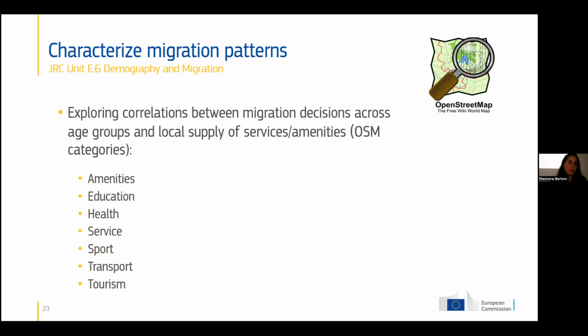This was a project that was assigned to us, and we are also there to help and support research that is already ongoing within the JRC, which is divided in different thematic units. So in this case, there's a specific unit working on demography and migration topics, and they were trying to find ways to also look for alternative measures of pull factors of migrants by different age groups.